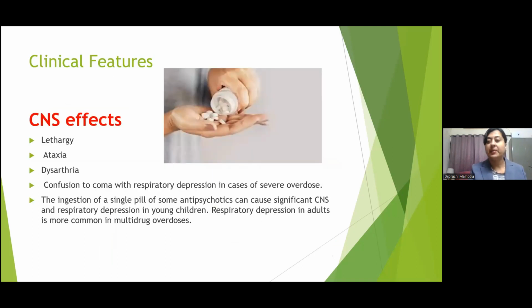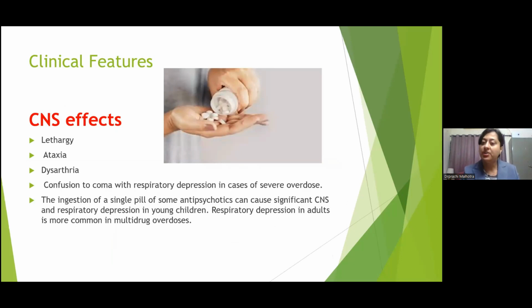So based on this mechanism of action and where the dopamine, histamine or muscarinic receptors act, the clinical effects will be according to that. CNS effects will be lethargy, ataxia, dysarthria, confusion to coma, with respiratory depression in case of severe overdose.